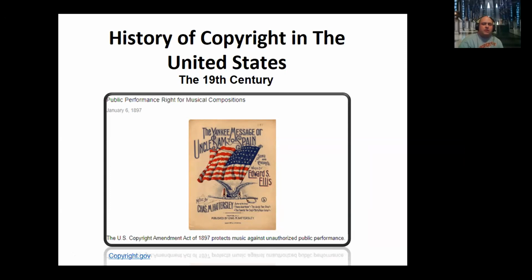So composer A creates a work and it's been copyrighted. Another group down the street cannot perform that in public unless they had permission from the original composer. And obviously that money would be in licensing and things like that would be an issue between the two parties. But January 6, 1897.